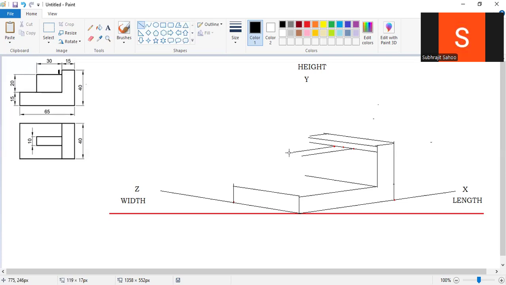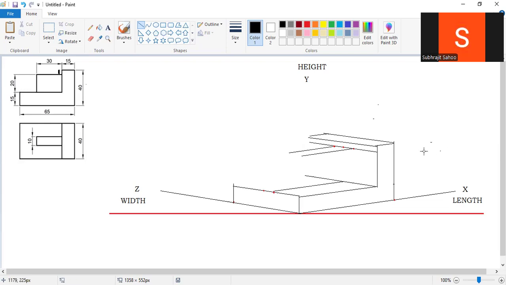Right? 30 I join. Sir, exactly at the middle, from the middle point, 5 left, 5 right. So what you will do, take the middle point here or the middle point here. Sir, 5 comes here, right? Okay, draw a line here first. This is the trick you need to follow, right?